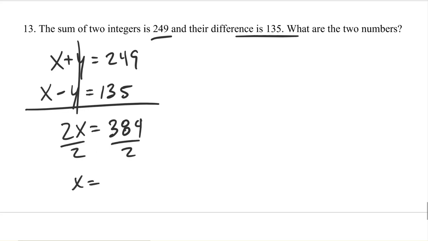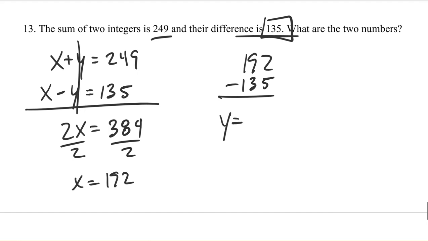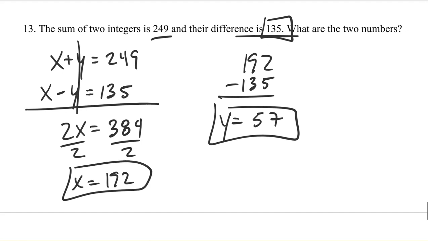So 384 divided by 2 is 192. And then for y, we need to subtract 135 because that's our difference. So 192 minus 135, and y must be 57. So those are my two numbers.